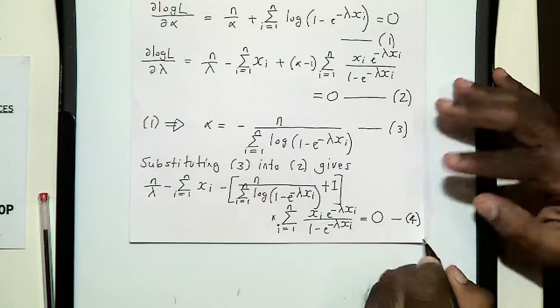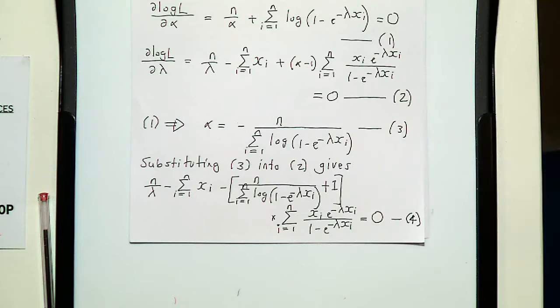Now if you look at equation 4, you see that there is only one unknown parameter in equation 4, which is lambda. So you can solve equation 4 using pretty much any software, including R. I'm sure most of you know R. There are many software in R for solving equations that have only one unknown, like equation 4.